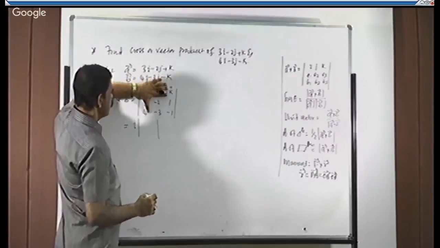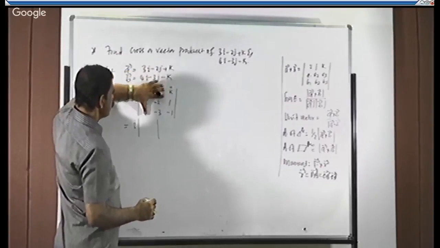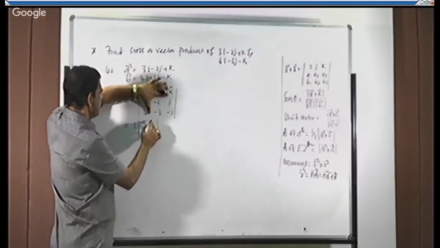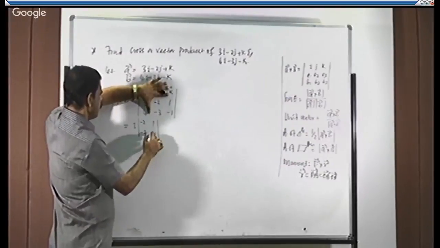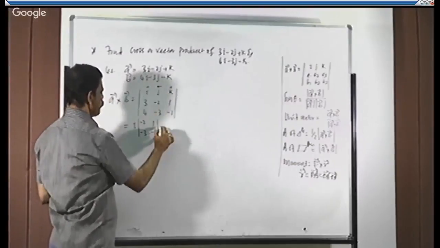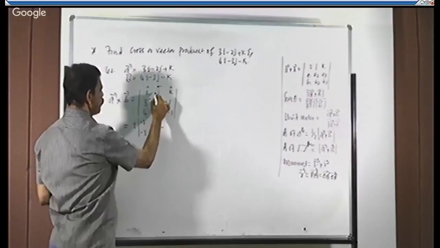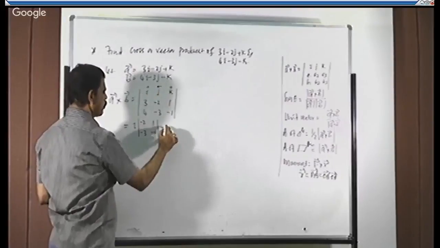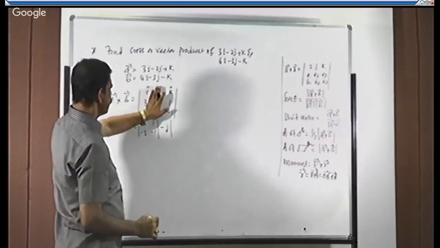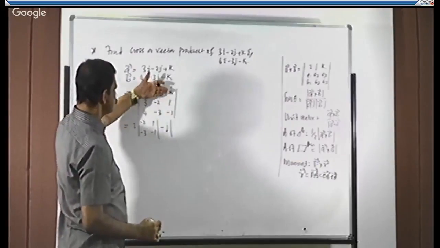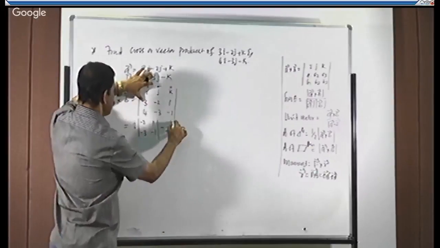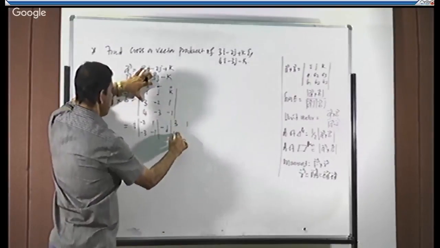The remaining elements are minus 2, 1, minus 3, minus 1. Next, the sign is minus, for the second element j. Leave the corresponding row and column of j. The remaining elements are 3, 1, 4, minus 1.